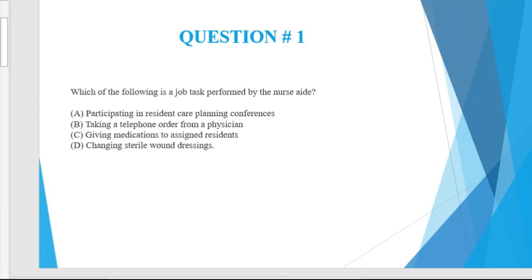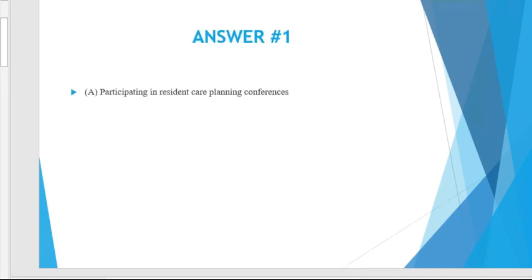Of course, the answer is no. If you don't know whether you're supposed to participate in resident care planning conference or not, but you already know these 3, B, C, D, that you are not supposed to, why won't you pick answer number A, even if you don't know what that means? I mean, this is part of the test-taking skill, like the elimination method. But yes, the answer is A, participating in resident care planning conference.